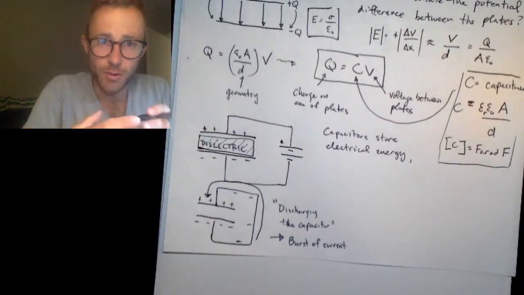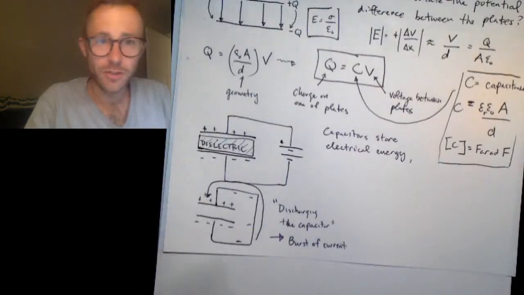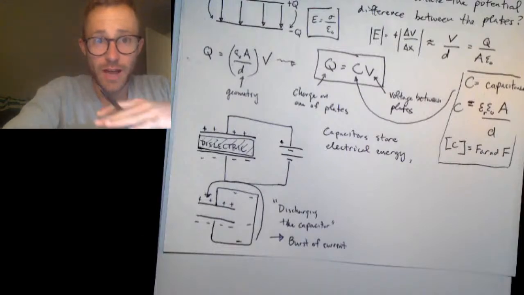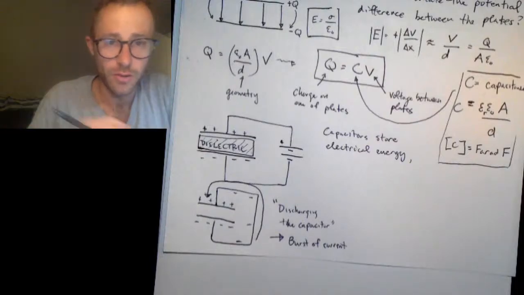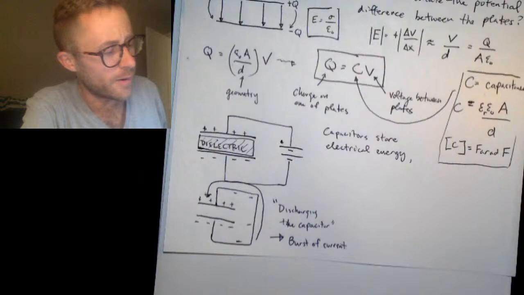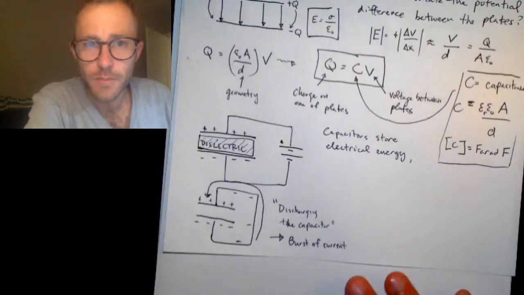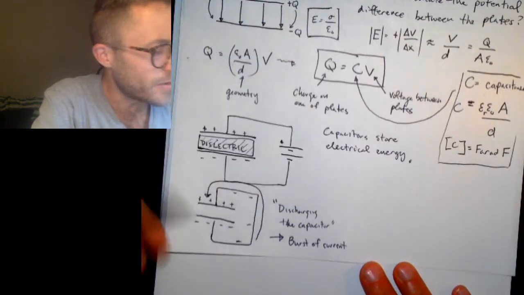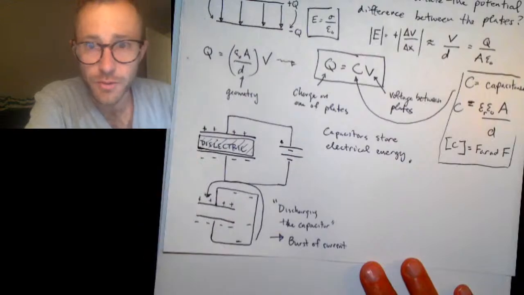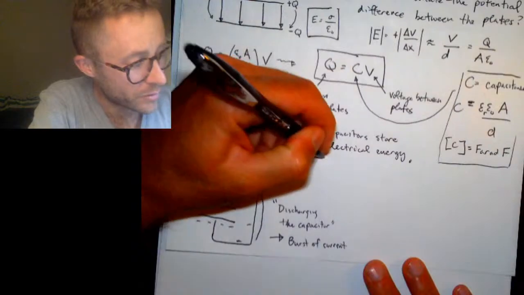So you're taking chemical potential energy and turning it into electrical energy. With a capacitor, on the other hand, you are storing it as electrical potential energy, so it doesn't need to be converted into another form of energy. Capacitors store electrical energy, and then they can give it back to you in a burst of current. So the natural next question is, well, how much energy?